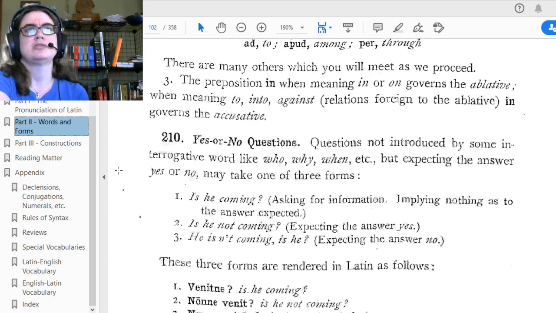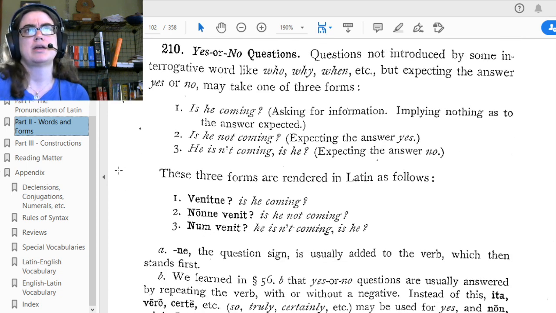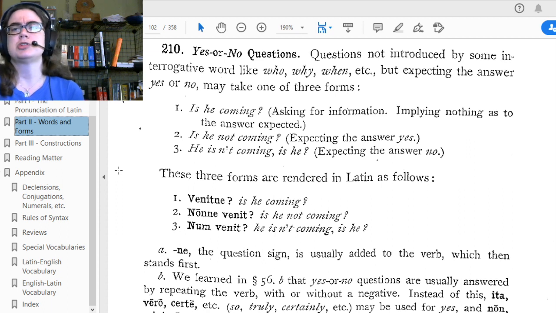Yes or no questions? Okay. So we're just learning some random stuff today. Questions not introduced by an interrogative word like who, whose, whom, but expecting the answer yes or no can take different forms. Is he coming?